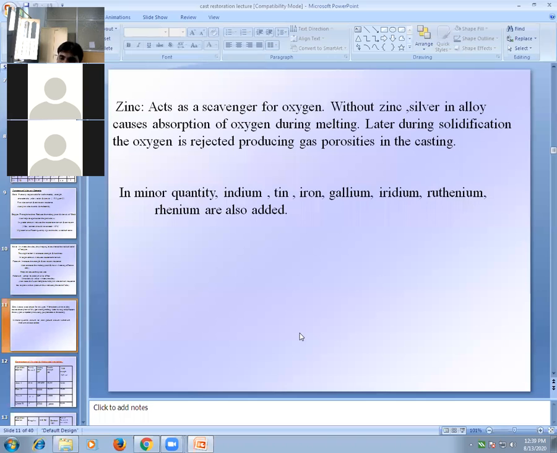Okay. So there is gas hole porosity seen in this casting. The minor other ingredients which are present are indium, tin, iron, gallium, iridium, ruthenium, and germanium.